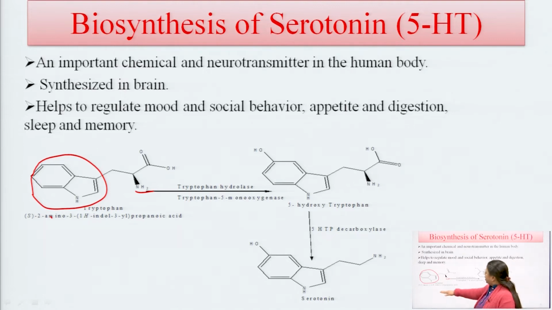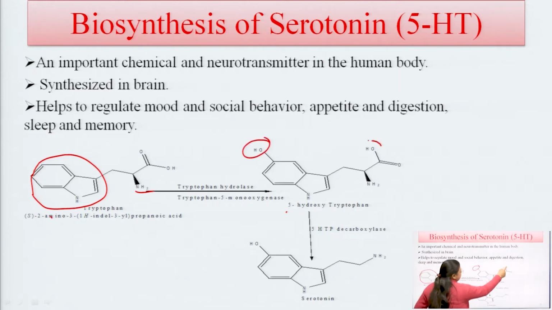So, tryptophan is an amino acid, and it is catalyzed by the tryptophan hydroxylase enzyme, or tryptophan 5-monooxygenase, to form 5-hydroxytryptophan. This has a hydroxyl group in this position, so there are 2 hydroxyl groups present here.